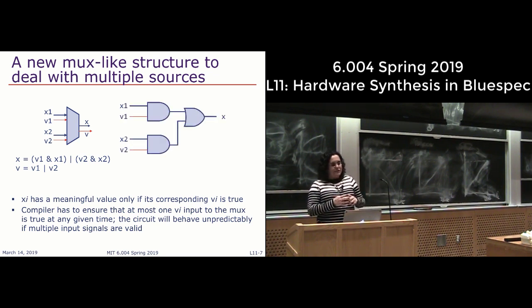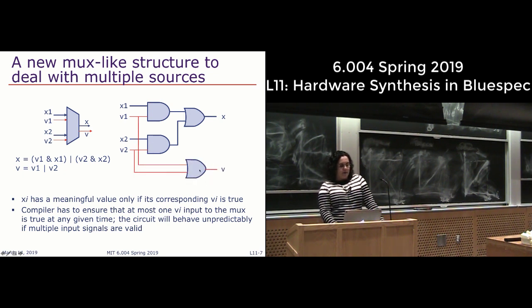Okay? The circuit that this multiplexer corresponds to is the following. You basically translate this logic directly, so X is V1 and X1, or V2 and X2.